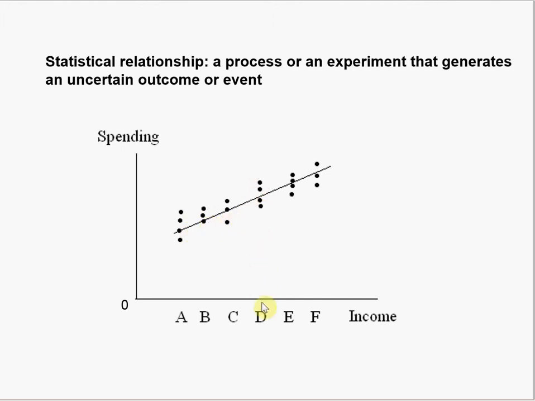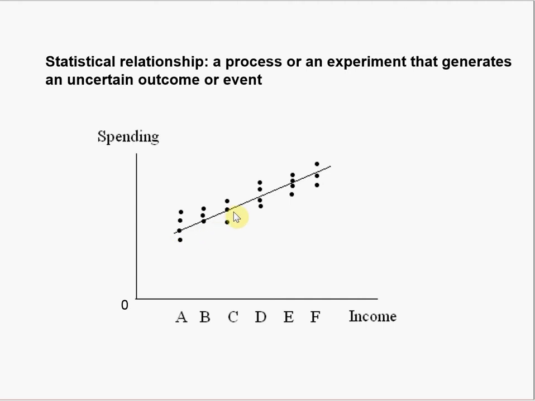But again, even at a higher income level, the level of spending is still not uniquely determined, is not certain, but a range of levels of spending. And what we hope to find is the relationship between one variable and the means of the other variable. That is, for different levels of income, what is the average level of spending of those people?